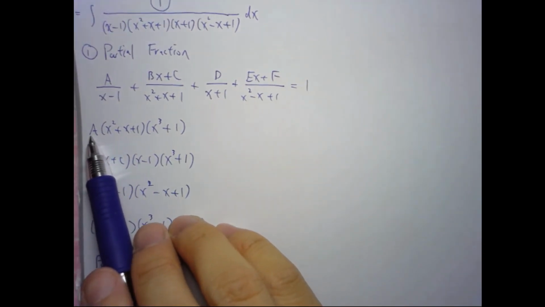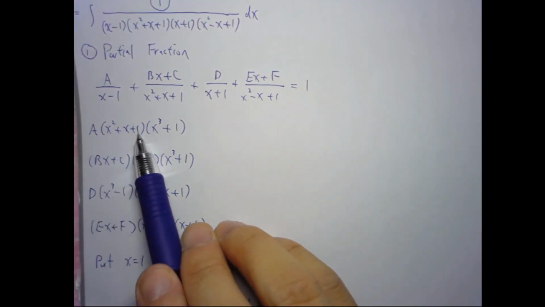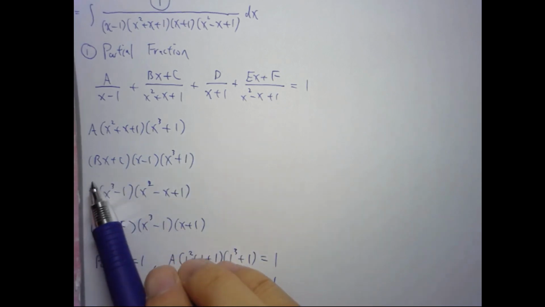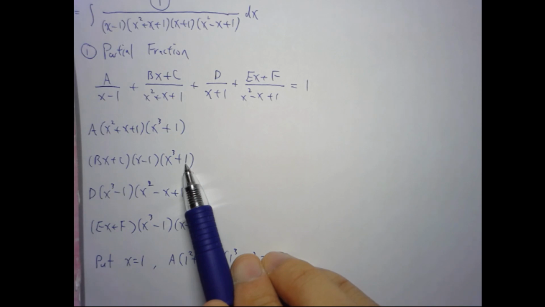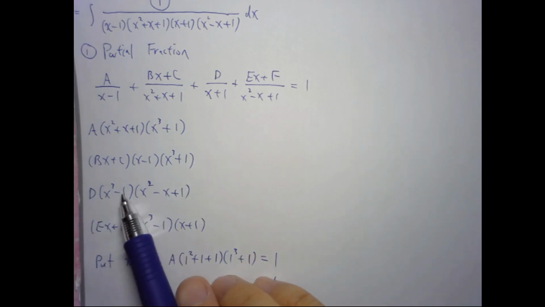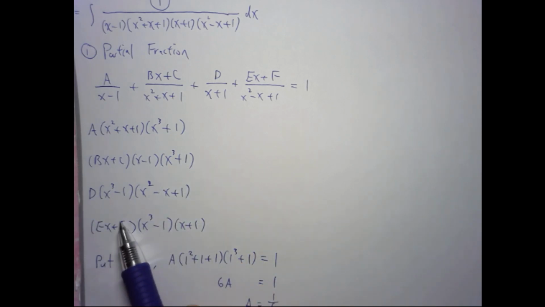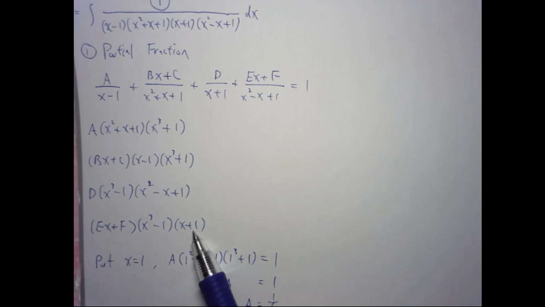We can see this is a times 1 times 1, and then c times minus 1 times 1, and then d times minus 1 times 1, and then f times minus 1 times 1.